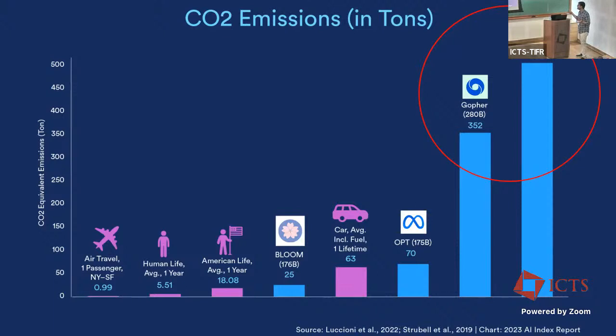There's also the human life, right? One year, so if you take 70 as an average lifespan, 70 times 5 is 350, but this is still 500. So it's more than what one human emits in a lifetime. It's not that much. Well, sure.